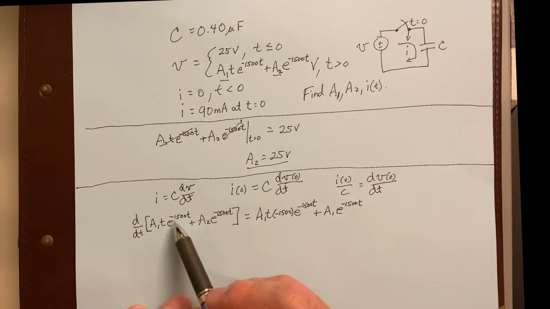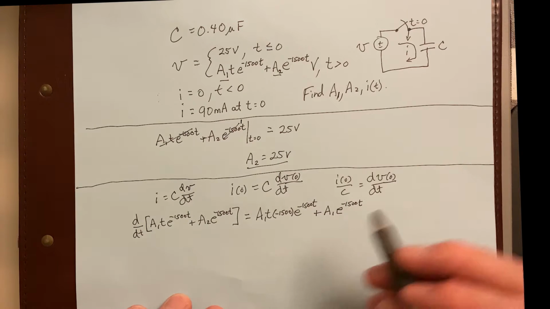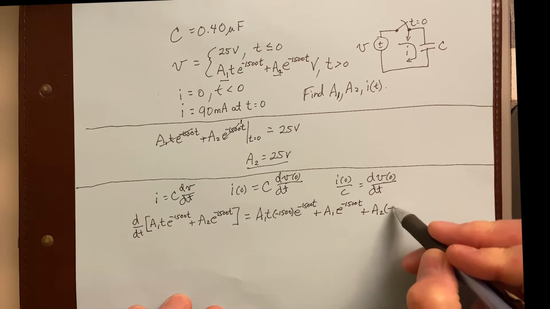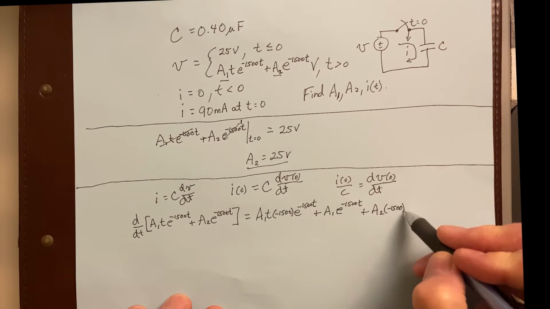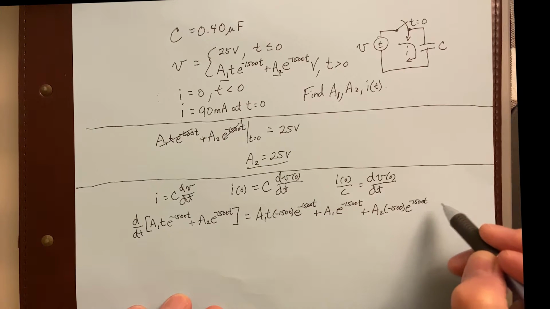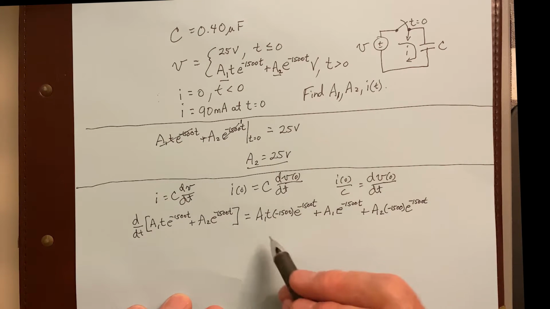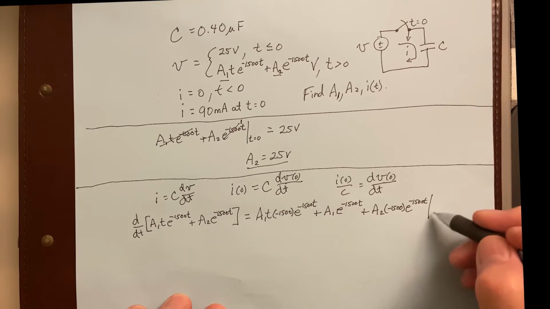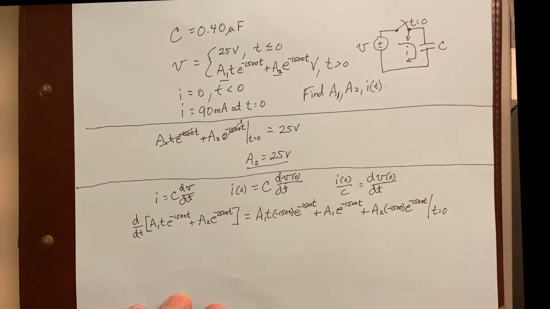All right, so we've taken the derivative of this first part. Now let's take the derivative of the second part. That's going to be A2 times negative 1500 e to the negative 1500t. Okay, so there's the derivative, that's dv/dt. Now we need to evaluate that at t equals 0.